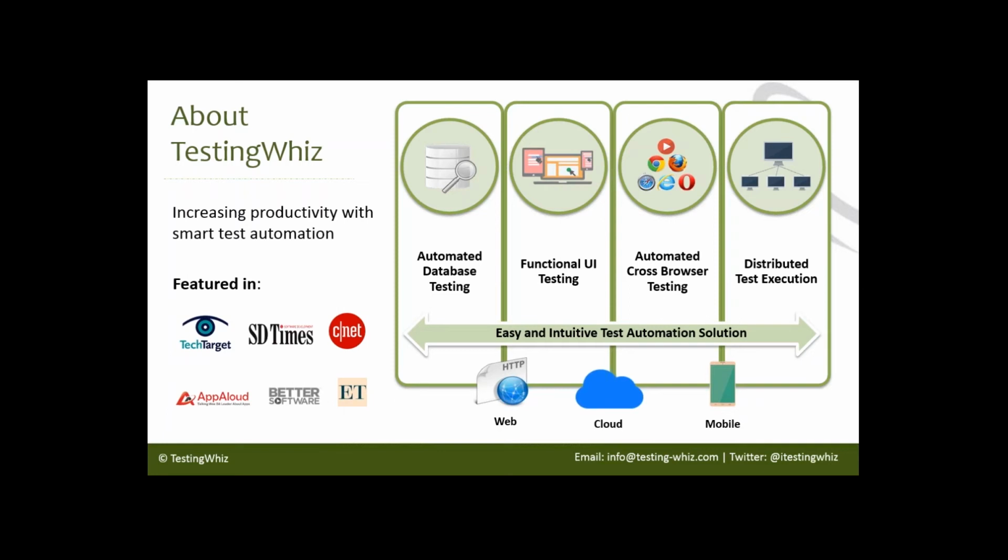The basic feature set or the basic responsibility of the tool is automation testing around web, cloud and mobile, making it easy and intuitive for all the quality assurance team members. The specific aspects of testing and automation testing that it covers are automated database testing, functional UI testing, automated cross-browser testing, and distributed test execution.